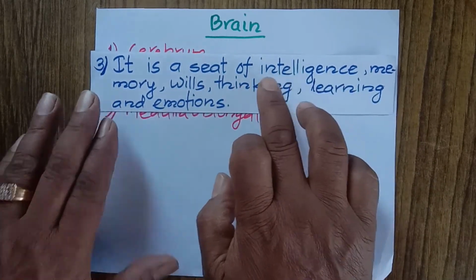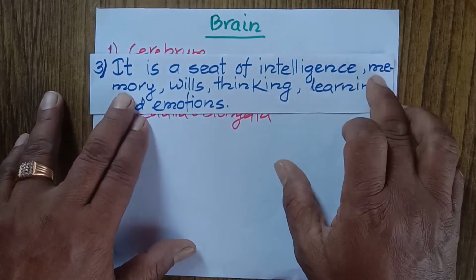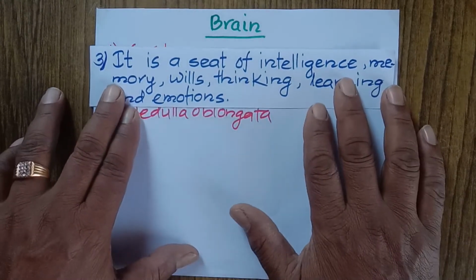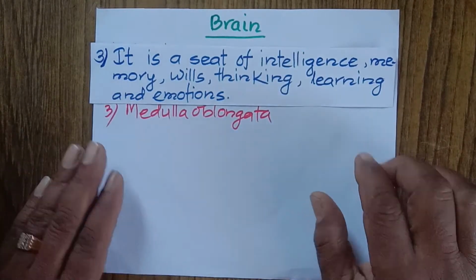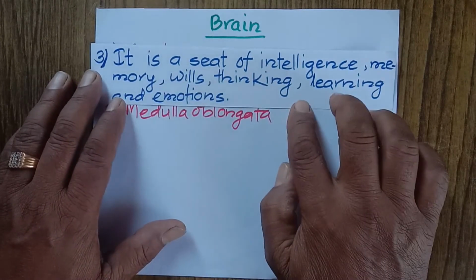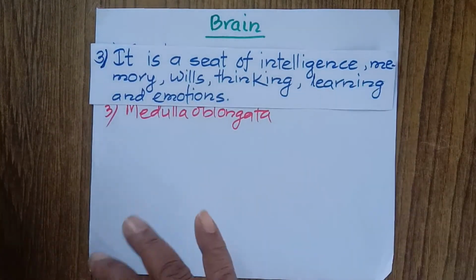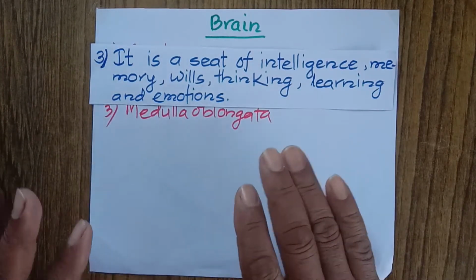One part is responsible for intelligence and memory, another part for wills, another part for something else. All this lies in the cerebrum. That's why it is said that intelligence, memory, wills, thinking, learning, and emotions are seated in the cerebrum.